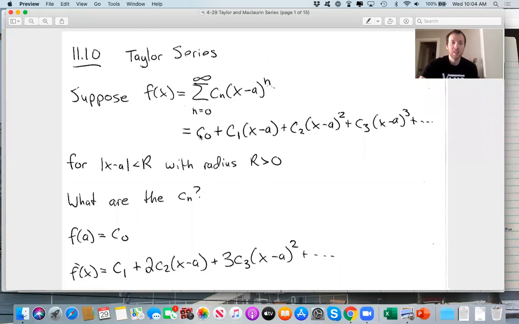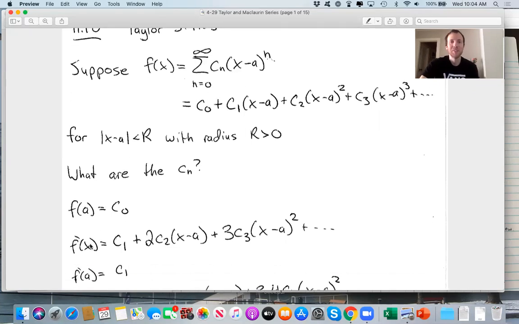So if we take this, and we're thinking about working with this infinite polynomial, that's our series. If you put in a, then we get f of a, but on this right side, if you put in a, all of these terms with powers of x minus a become 0. So the first coefficient, the constant term, is the function value at a. So that's 1. Infinitely many to go.